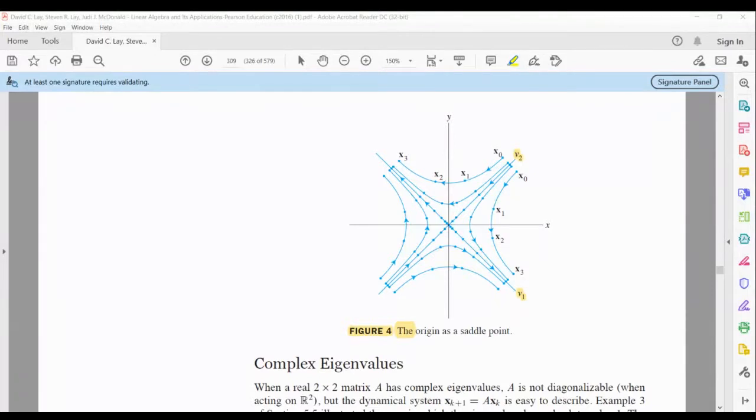That's the portion that doesn't disappear as k gets large. So by thinking about this change of variable, it helps you understand how to graph these trajectories using a more convenient set of principal axes.